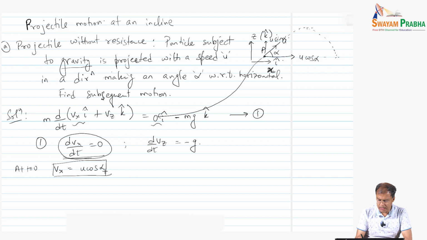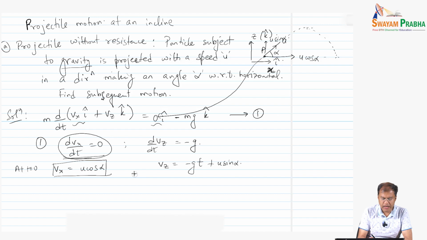And then vz is minus gt plus u sin alpha. So we have already integrated and used the initial condition in this quantity. Okay. So these are the two velocity components.